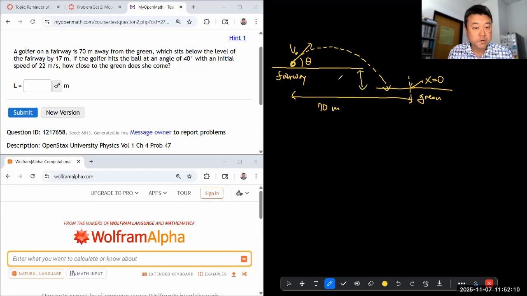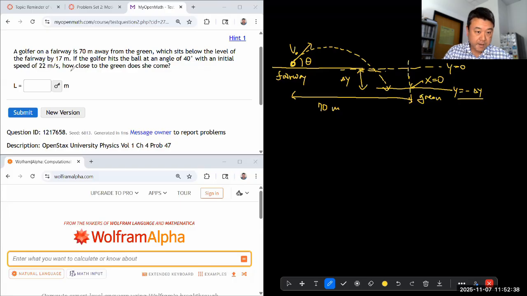So there's some sort of, let me call this delta y, that you can assume. So I'm gonna say this is my y equals 0, and I'll say the ball ends up at y equals minus delta y. So I'll assume that so that the problem is solvable.